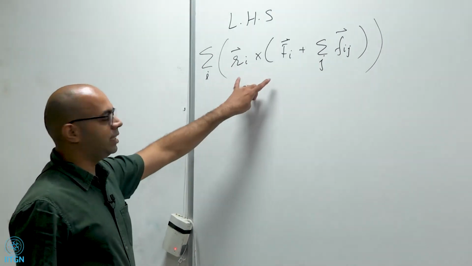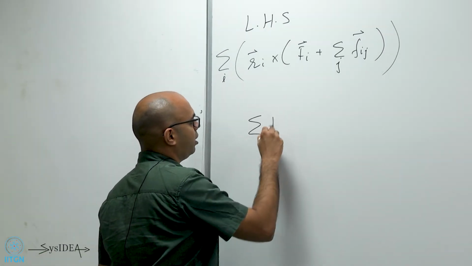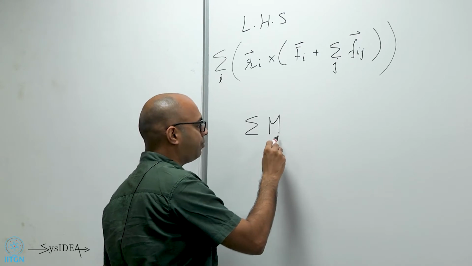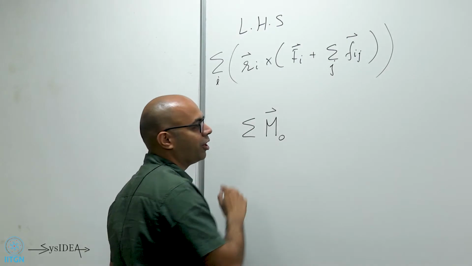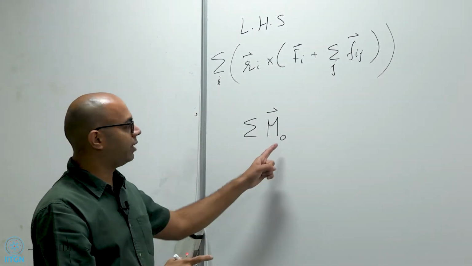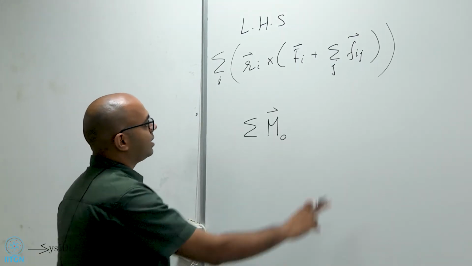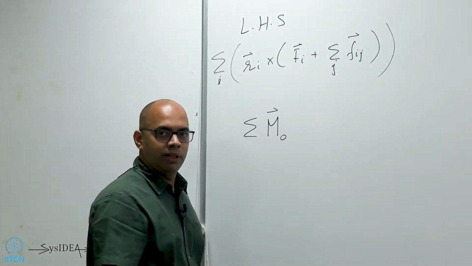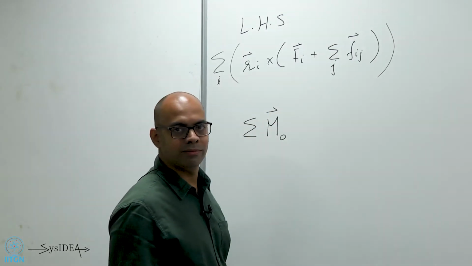And it is easy to see that the first term here is really the total moment of all external forces. And let me now switch the subscript, I would say about point O, because if you recollect, all our position vectors were originating from point O. The second part of this equation, that actually sums to 0.